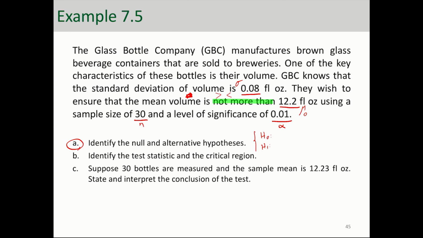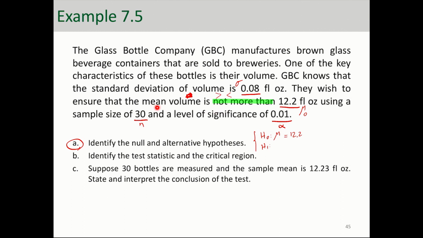Well, the null hypothesis always has an equal sign. So what we do is mu is equal to 12.2, mu naught. But the alternative hypothesis is going to have a sign of more than, less than, or not equal to.